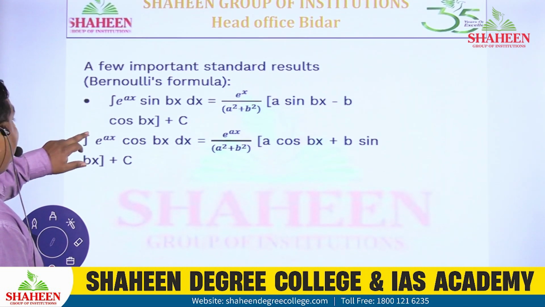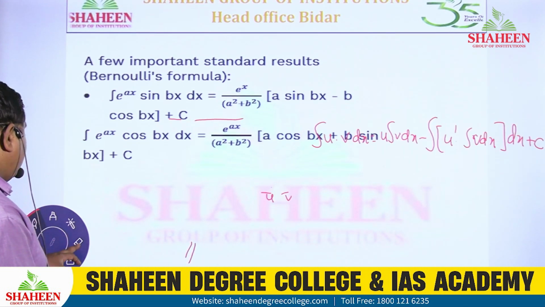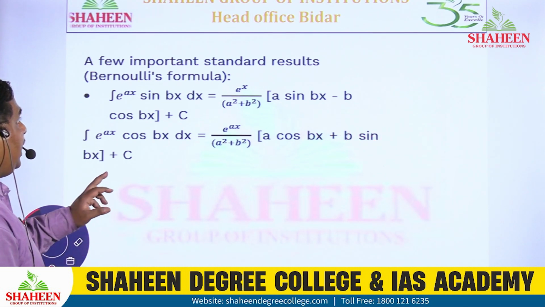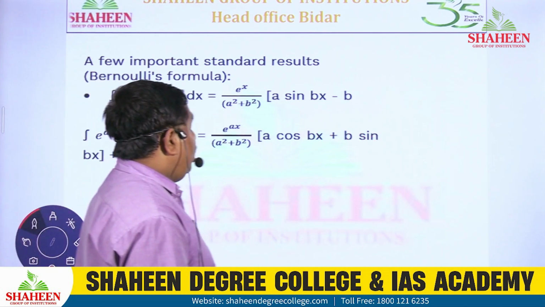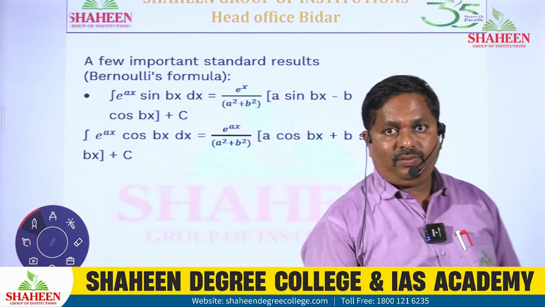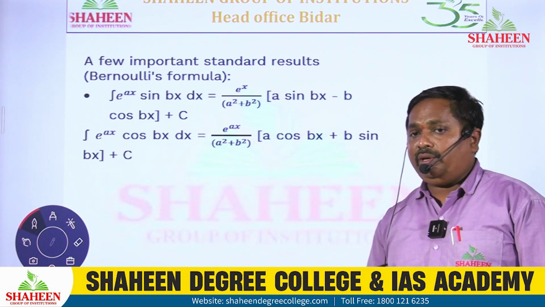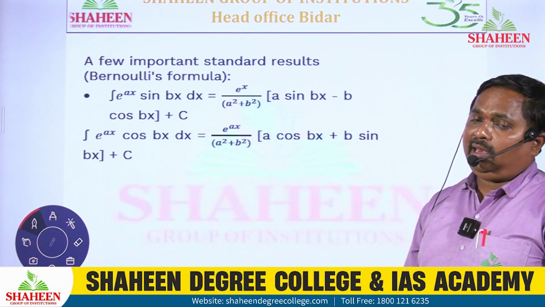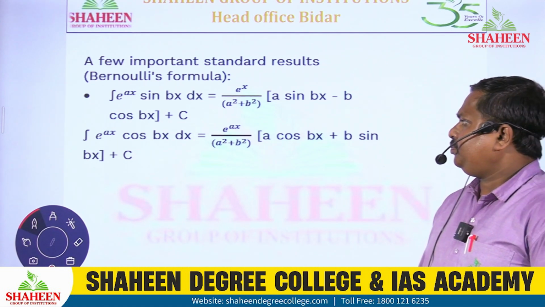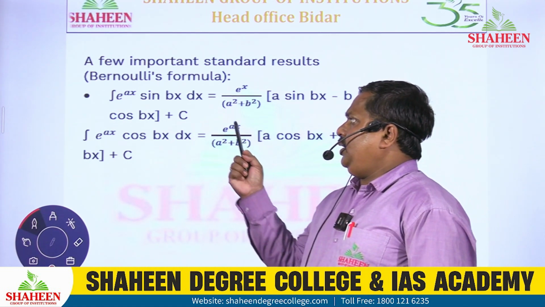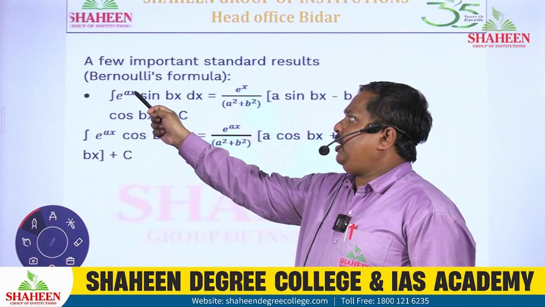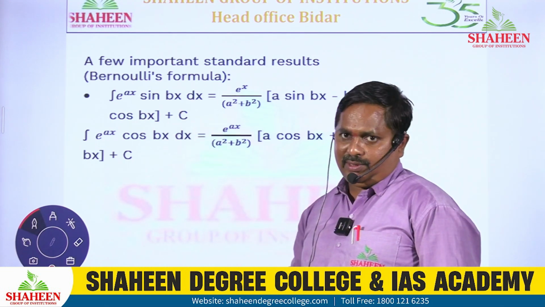Here we have a few important standard results called Bernoulli's formulas, used in this u into v method, or integration by parts method. One is the integration of e power ax into sine bx.